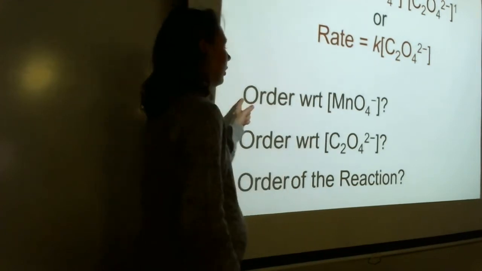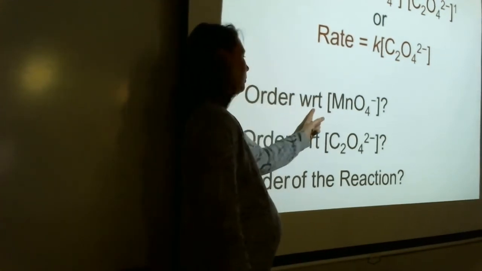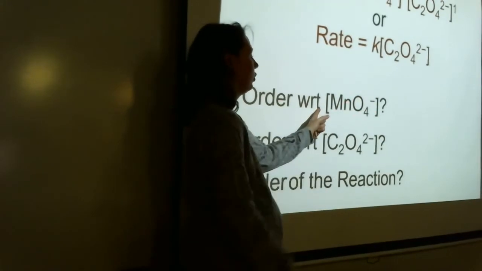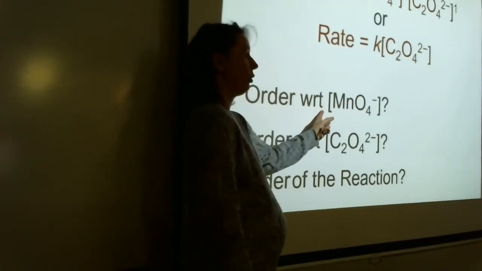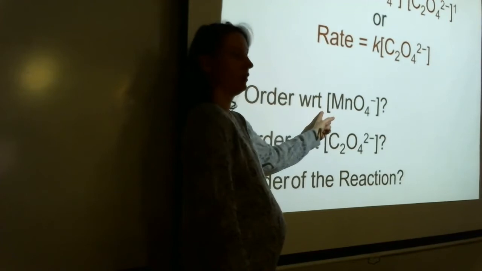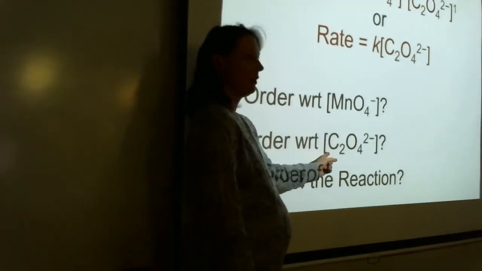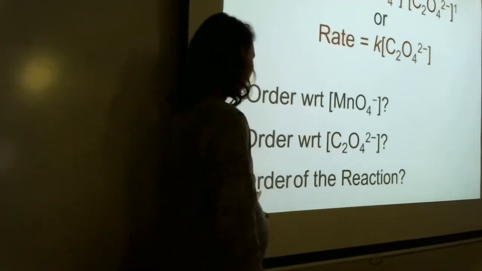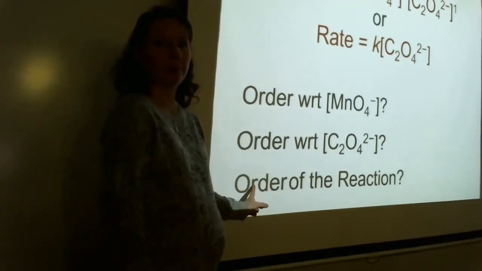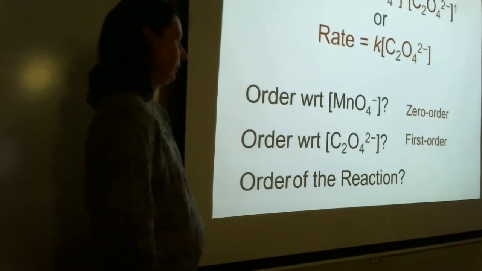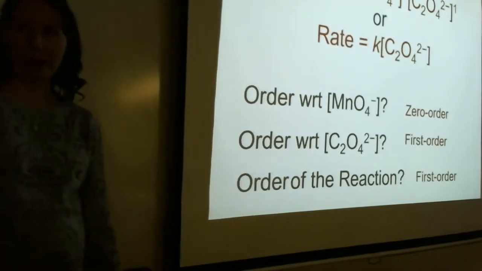So what's the order with respect to permanganate? Well, we say that order is 0, right? It's 0 order. What's the order with respect to oxalate? First, right? And what's the overall order of the reaction? First, right?